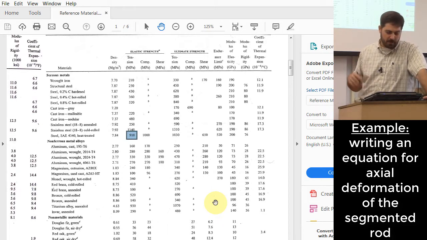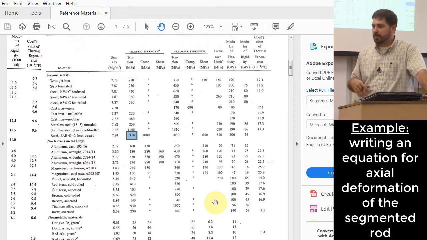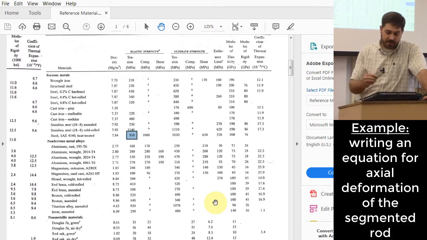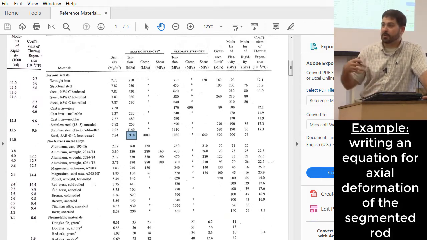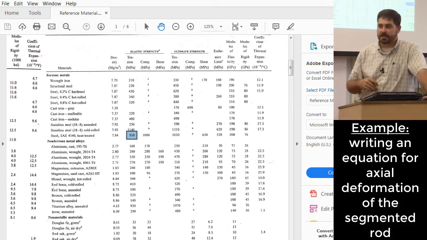That way maybe it represents a 4340 heat-treated steel, and we have less concern that it might go plastic. Maybe. We don't want it to plastically deform, right? And that'd be an interesting thing for us to check as well, to see whether any of these segments plastically deform.